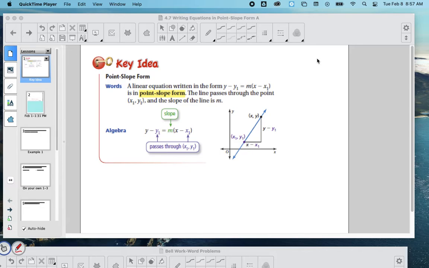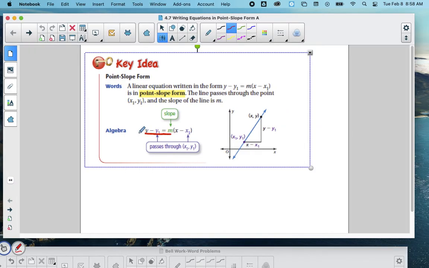The first thing you need to write down is the formula. You have to know this formula. And that is y minus y1 equals m times x minus x1. That's the formula for it.